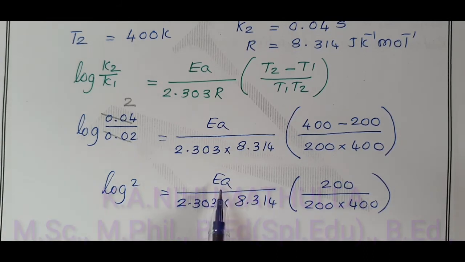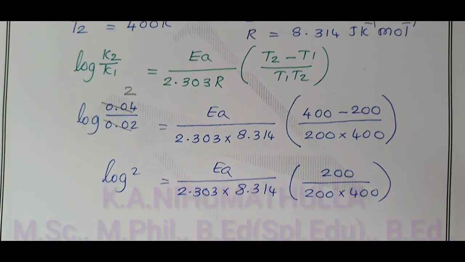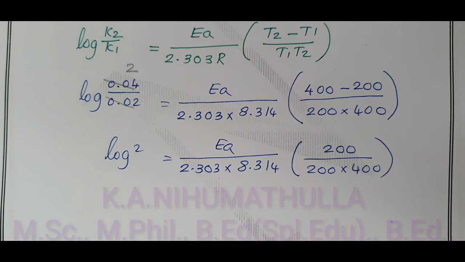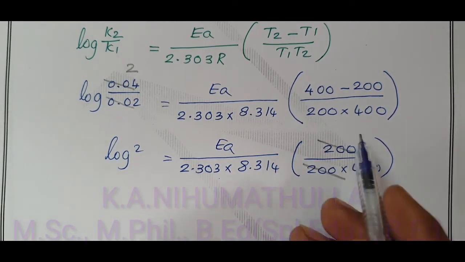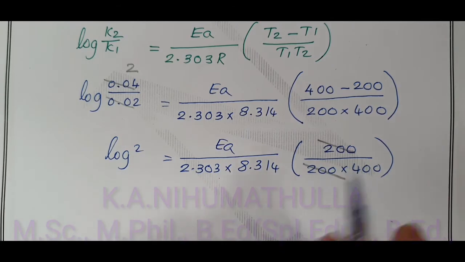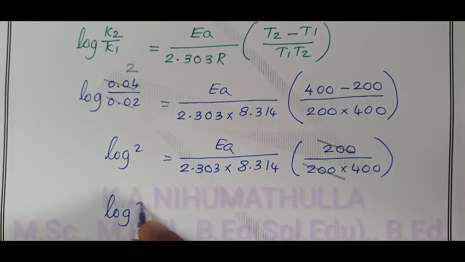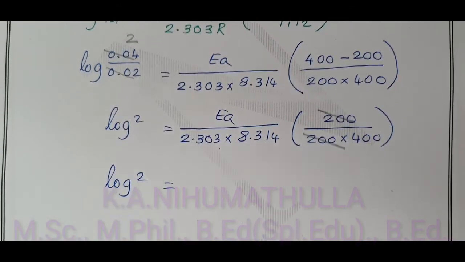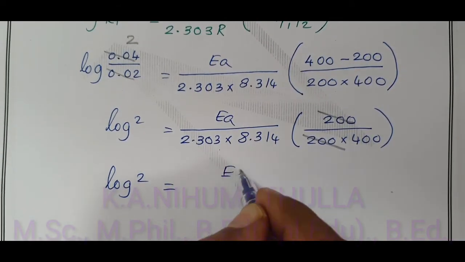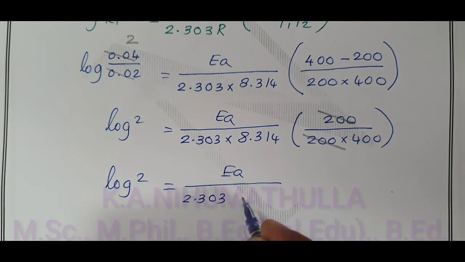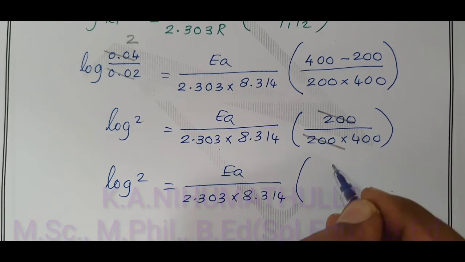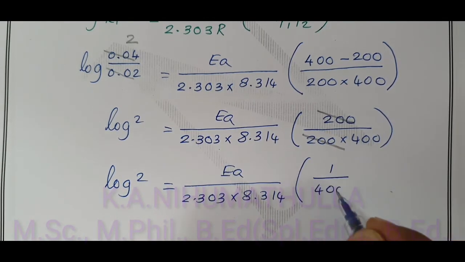So bring all the values to the left hand side. Before that, you can cancel 200, and we have 1 by 400. Or one more step you can write: log 2 is equal to Ea by 2.303 and 8.314 and 1 by 400.